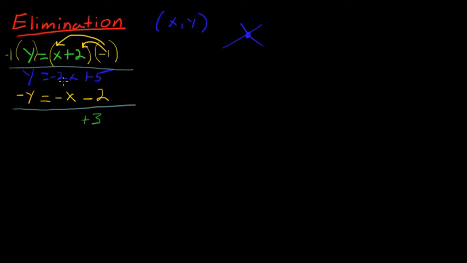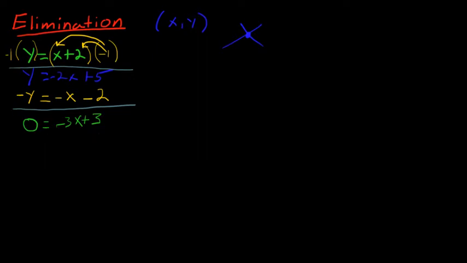Then negative 2x plus a negative x is negative 3x. And y plus a negative y is just 0. The y's go away. So we have 0 equals negative 3x plus 3.